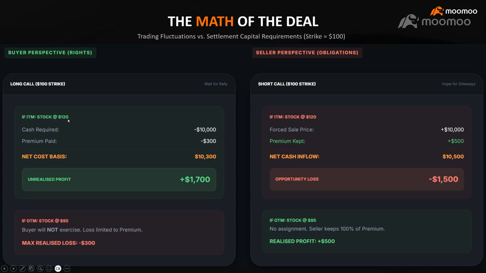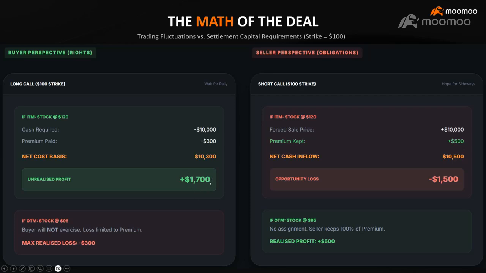So my net cost basis will be 10,300. But the market price is selling at 120, right? So my unrealized profit during that time will be around 1,700. The market is trading at $120, and you exercise your right to buy the underlying at $100, so you will be floating profit at 1,700.